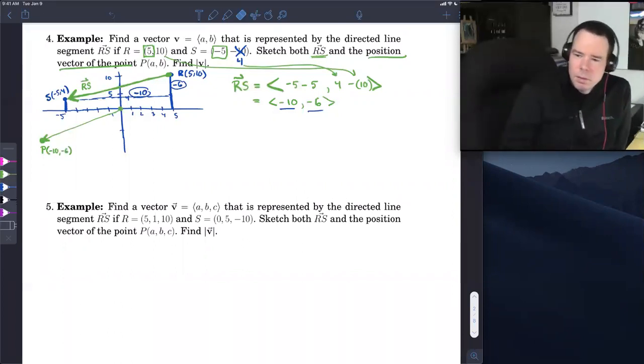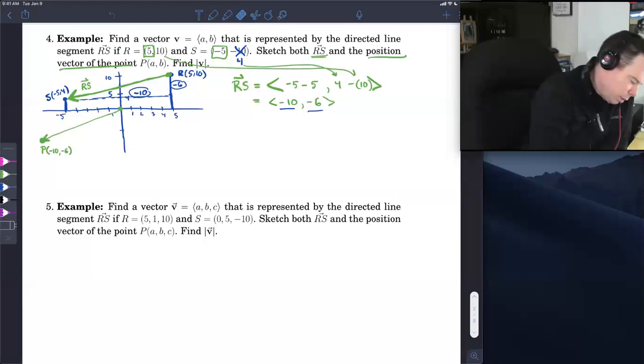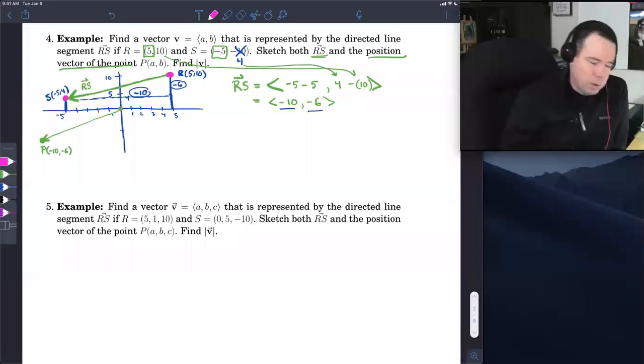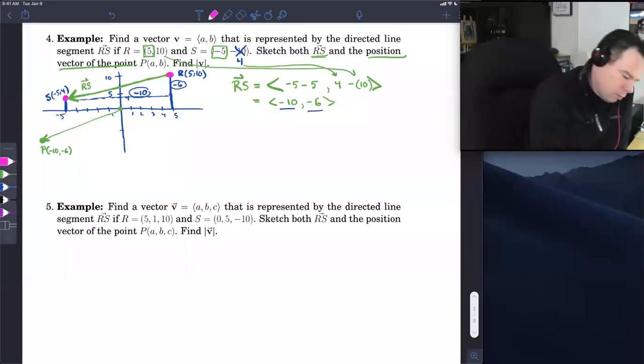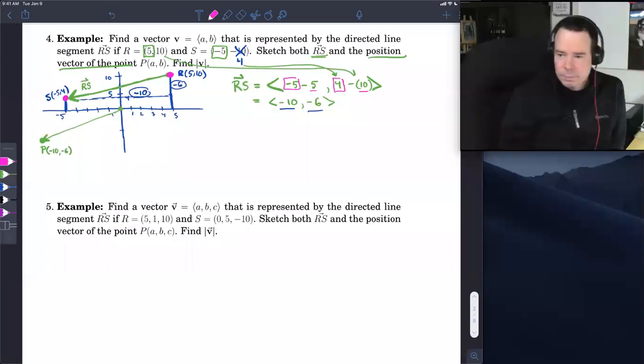And the way we ended up doing that was we said, if we want to go from point R to point S, then we took the coordinates of the tip, which was -5 and 4, and we subtracted from the coordinates of the tip the coordinates of the tail, and the tail of that vector is the coordinates of R, which was 5 and 10.